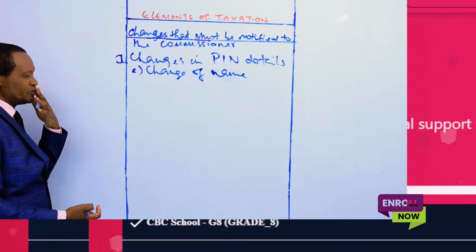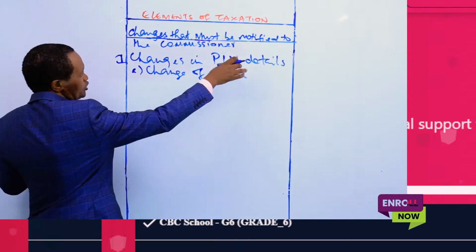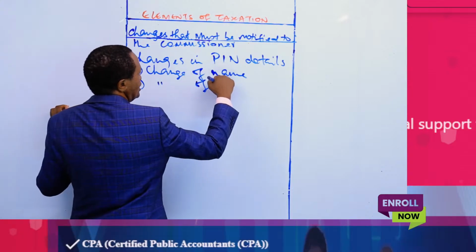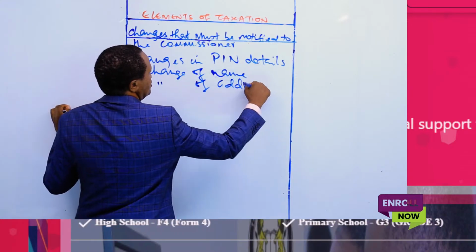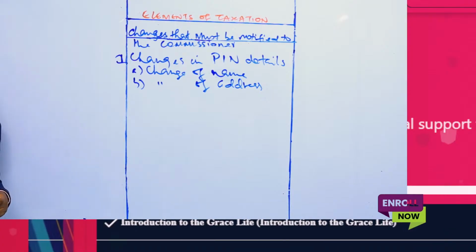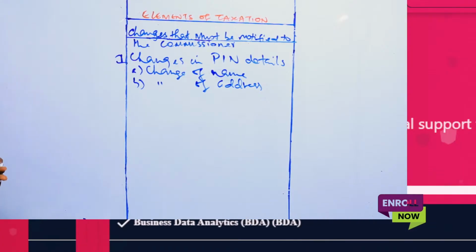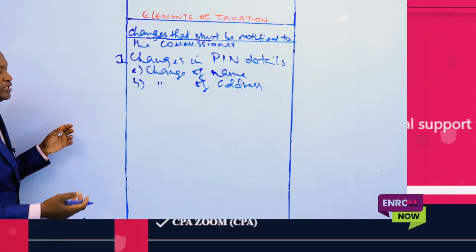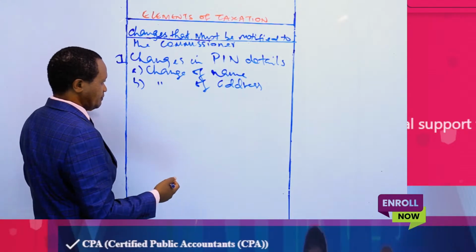Another example in relation to the PIN details is change in address. For the change of address, this includes physical address, postal address, it may include email address, and it may also include phone number.